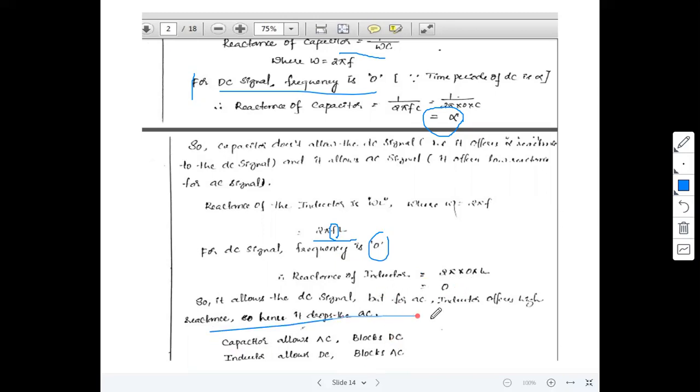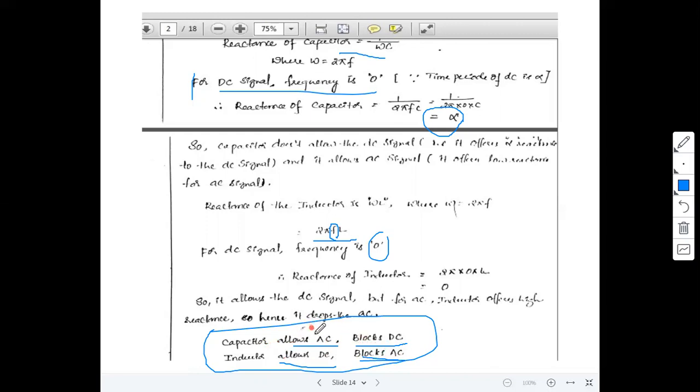The final conclusion here is that a capacitor allows AC signal and blocks DC signal, whereas an inductor allows DC signal and blocks AC signal. Remember these concepts, right? A capacitor allows AC components and blocks the DC component. An inductor allows the DC component and blocks the AC component.